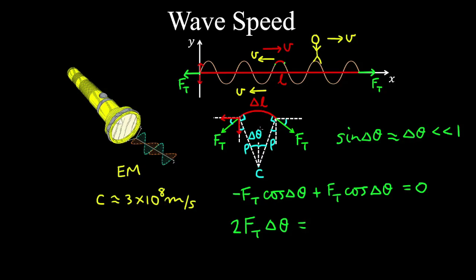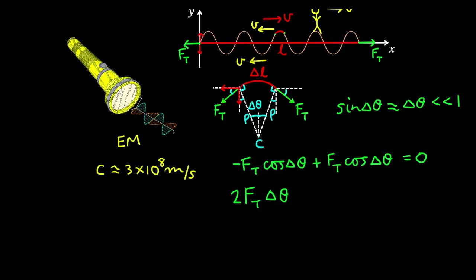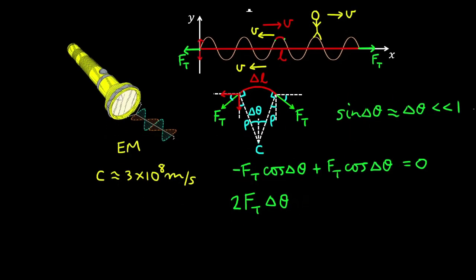And therefore the net force is assumed to act towards the center of curvature for small angles. So as this element of the string moves at some speed, the net force acting on it towards the center of curvature is equal to the mass of this element of string, which we'll take as delta m, by the speed that this element of string is moving relative to our observer that's moving along with the wave at a constant speed.